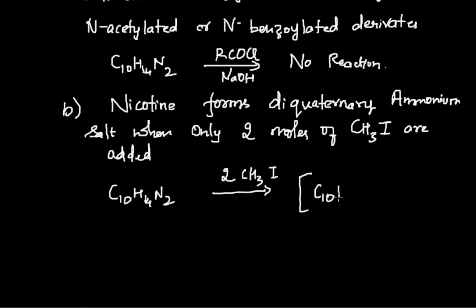So C10H14N2 with CH3 twice, plus plus, and 2 I minus. Okay, so this is your diquaternary ammonium salt of nicotine.